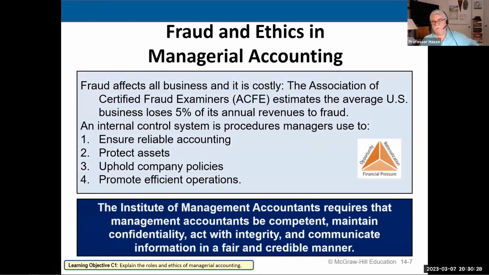Also, it tells us about the control aspects: are we running our business ethically? Are we running our business within the laws of the state and of the federal government? One of the big things over the last few years in businesses is women's rights, minority workers' rights, employee rights, customer rights, vendor rights.